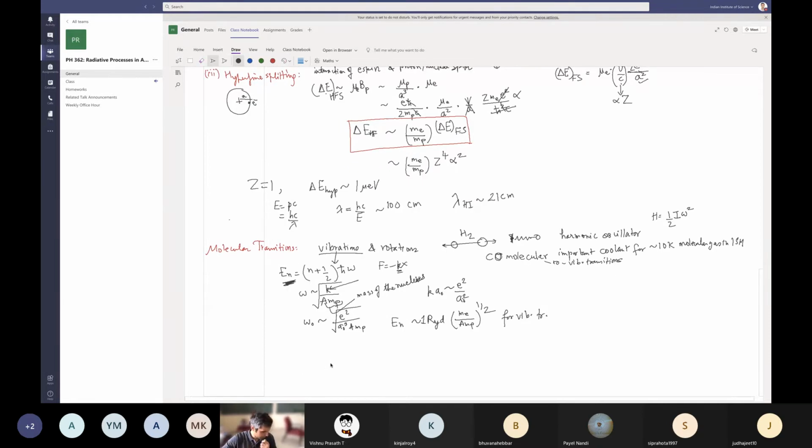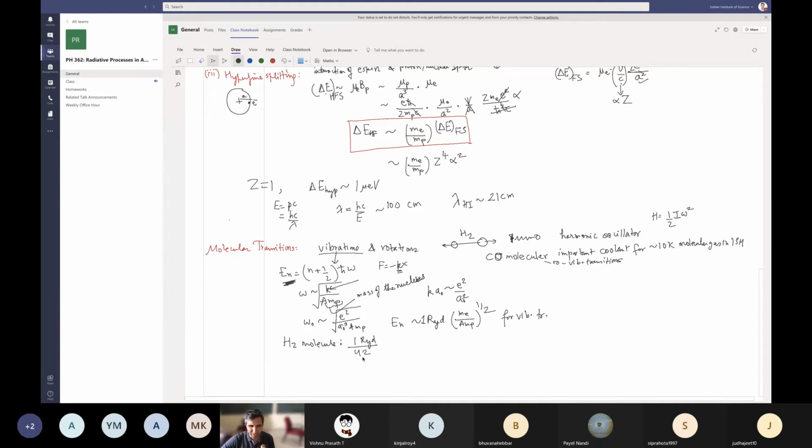So let's see, for example, the H2 molecule. What is the energy scale? We have the square root of m_e by m_p. A is 1 because it's H2. Hydrogen has just one proton, so this is about 1 Rydberg by 42.